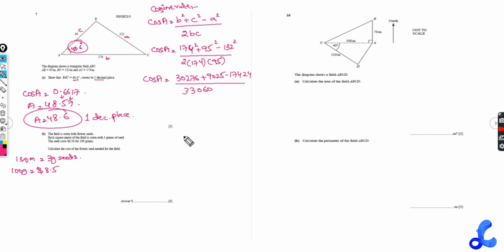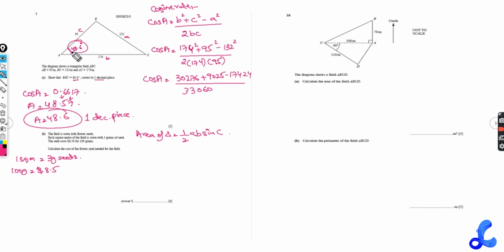In order to find out the area of the field, we will use the area of the triangle formula that you were given before. If you haven't seen the video, please do look at the video where I've explained the area of a triangle using trigonometric ratios. So the area of triangle equals half AB sine of C.